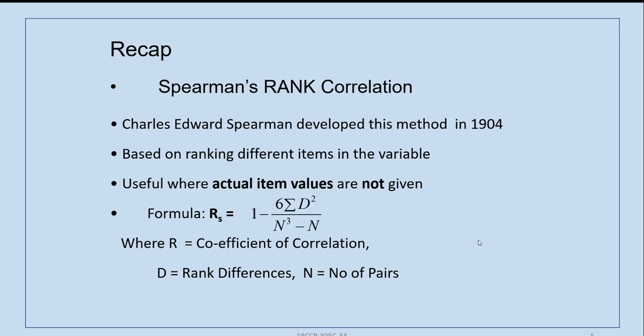In this case, we will use a formula: Rs is equal to 1 minus 6 sigma d square by n cube minus n, where R is correlation, S is Spearman's, and D is difference in the ranks or rank differences, and n is number of pairs.